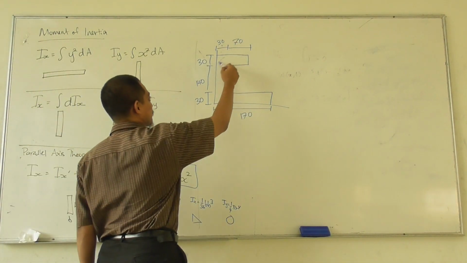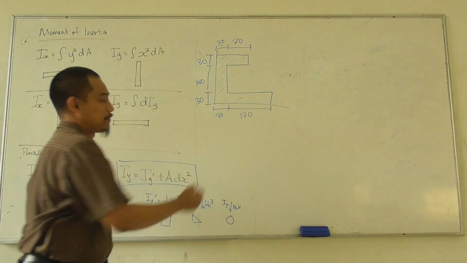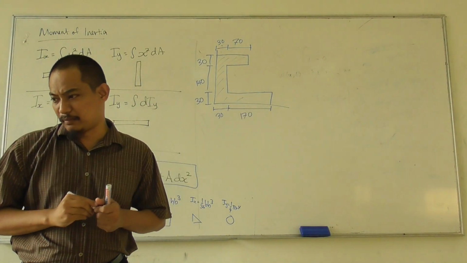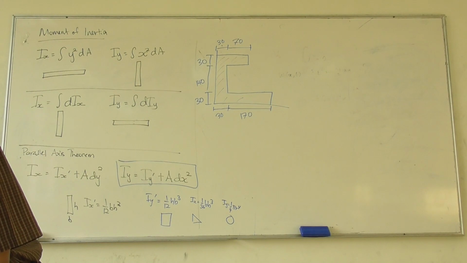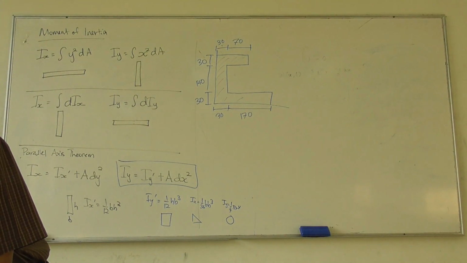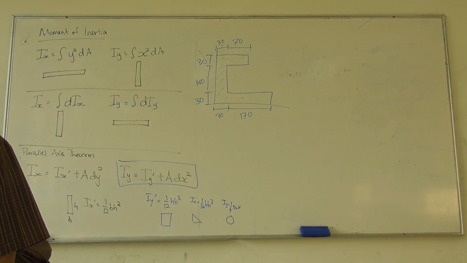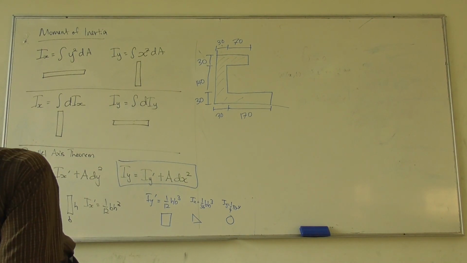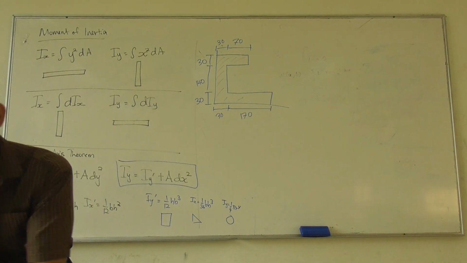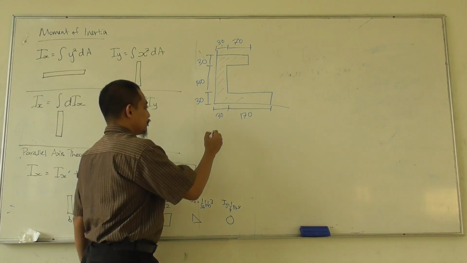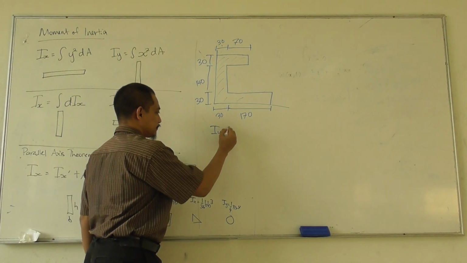Alright, this is the shape area. And the question asks, determine the moment of inertia about the y-axis, Iy. So you need to find Iy.